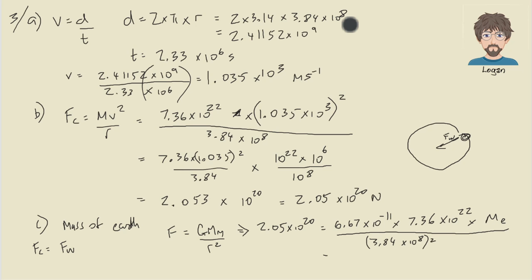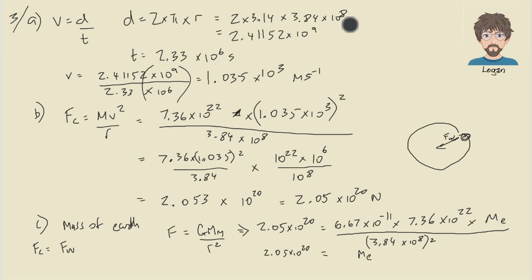And now we're going to have to do some calculation and substitution. I'm going to do this side of the calculation first. So we're going to go to 2.05 times 10 to the 20 equals something times ME. 6.67 exponent negative 11 times 7.36 exponent 22. And that gives me 4.90912 exponent 12.